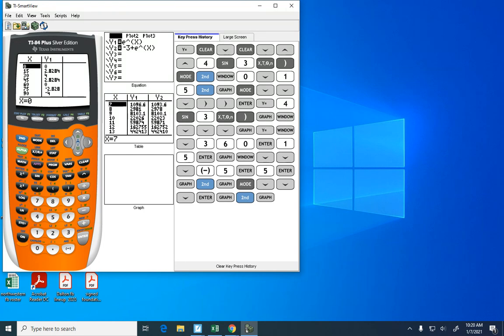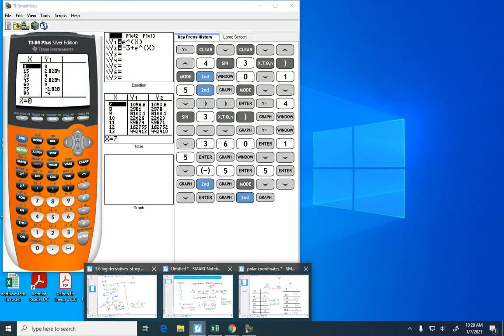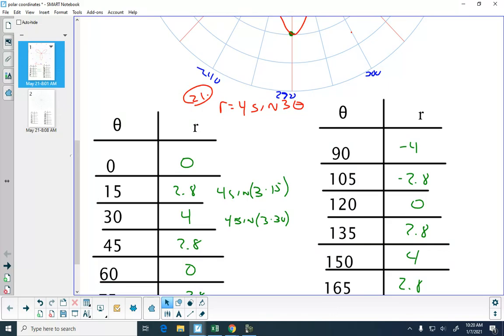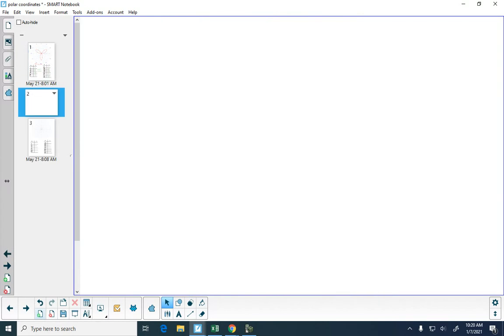Take a look at page 280. Okay, doing conversions. If we go down to the bottom, what you have to remember is our conversions. We have the sine of theta is equal to y over r, so y is equal to r sine of theta.